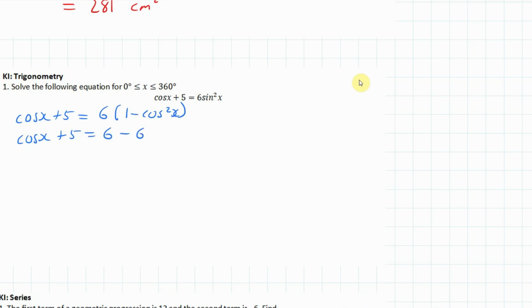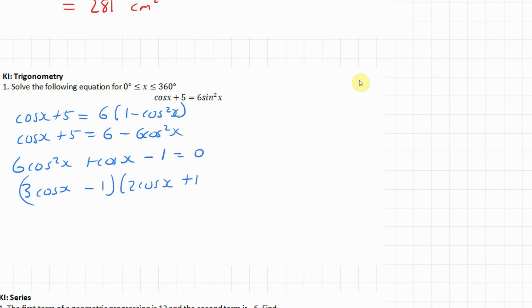So we get 6 minus 6 cosine squared x. Bring everything across to this side, so 6 cosine squared x plus cosine x plus 5 minus 6, isn't it? Minus 1 equals 0. Now if we factorize this, we could factorize it like (3 cosine x minus 1)(2 cosine x plus 1) equals 0.